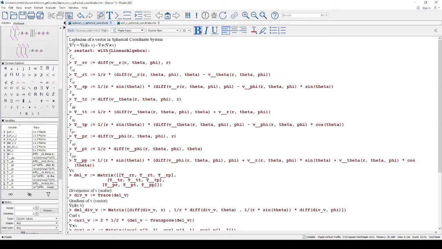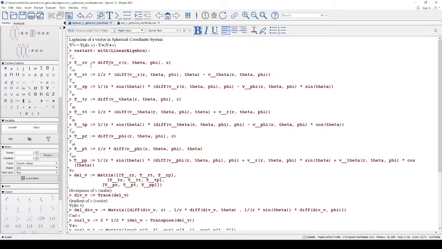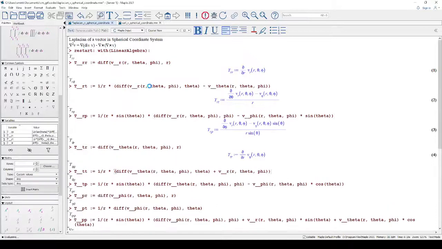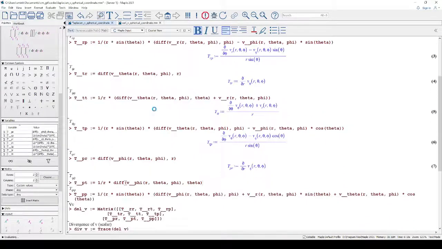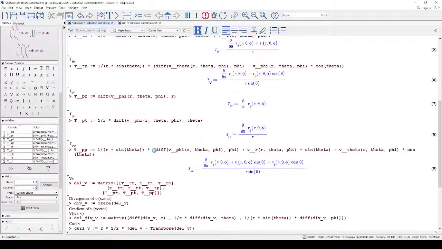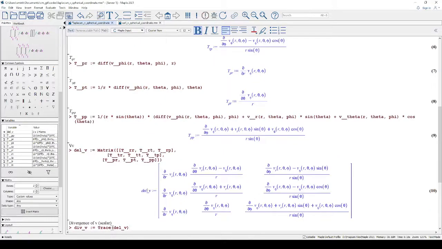So here, as we already saw, here I restart everything, and here I form the different components of the tensor for del v. Because I wanted to calculate the curl and the divergence based on this del v here. So I have del v here.